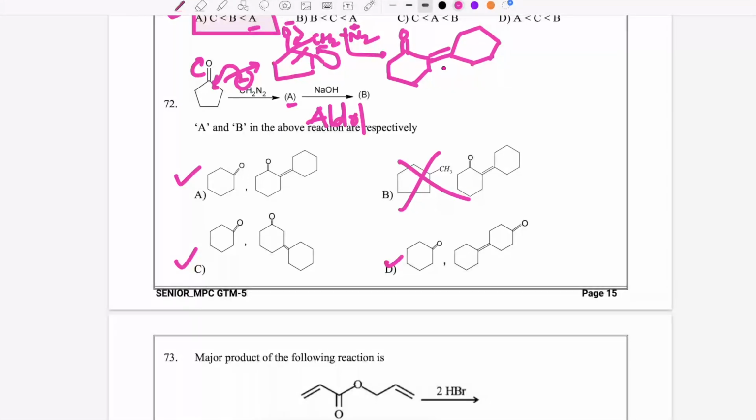So another mole's head will be connected to the shoulder of it. So when cyclohexanone undergoes Aldol's condensation, this kind of structure is formed. So that option is here. So the right answer for this question is option A.